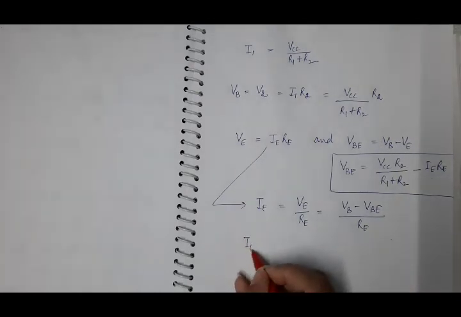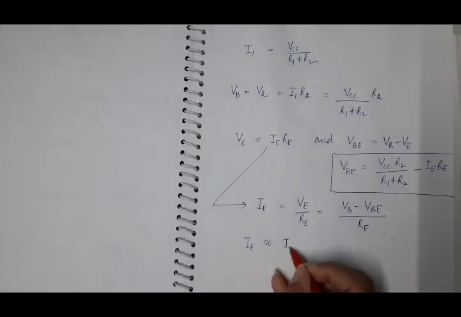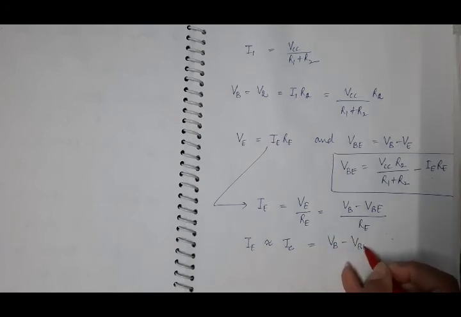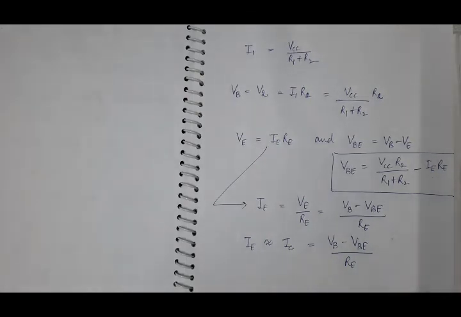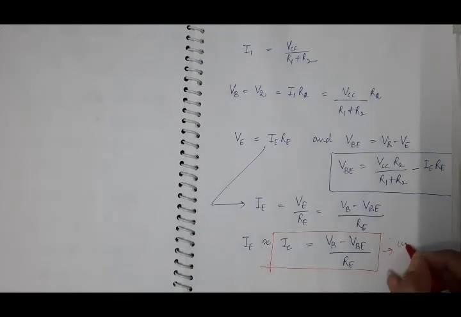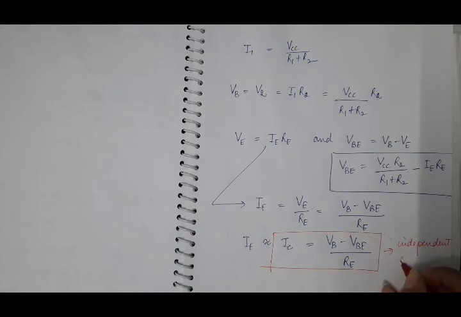We know that this IE is approximately equal to IC. So IC is also equal to VB minus VBE upon RE. Now you can see this is one of the coordinates of the operating point and it is independent of beta. There is no beta in the expression of collector current.